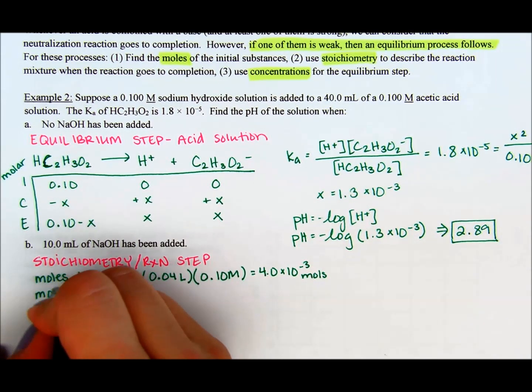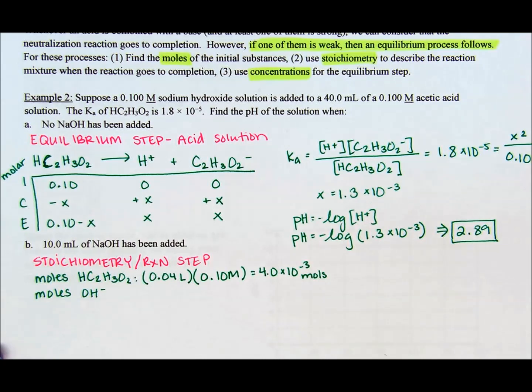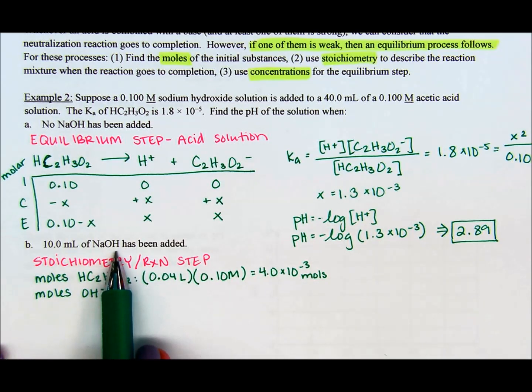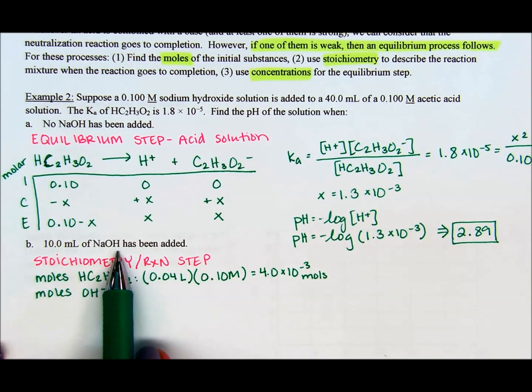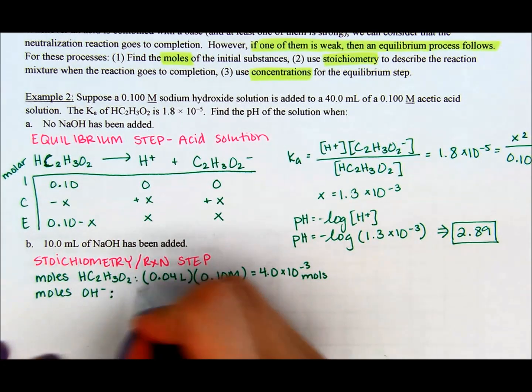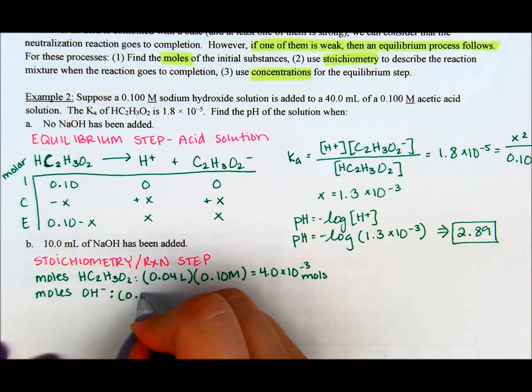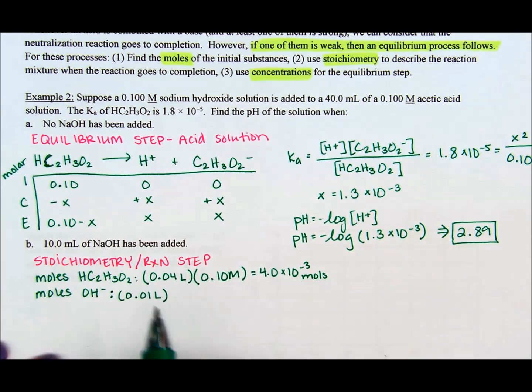Okay, now let's find the moles of hydroxide. When we're adding sodium hydroxide, we don't care about the sodium at all. It's just going to be a spectator ion. We do care about the hydroxide because that's what's going to end up partially neutralizing our reaction. So we know how much hydroxide was added, 10 milliliters, or 0.01 liters.